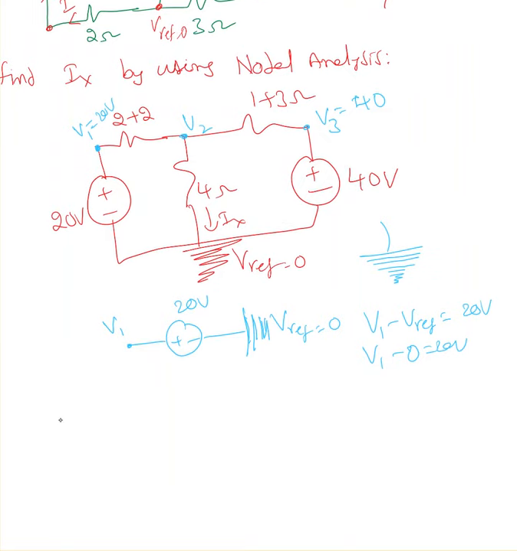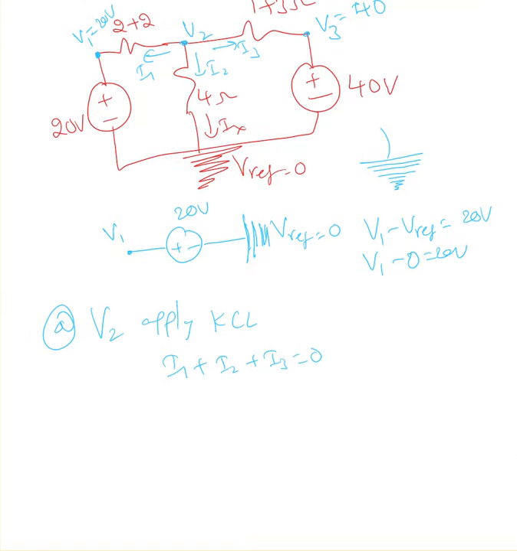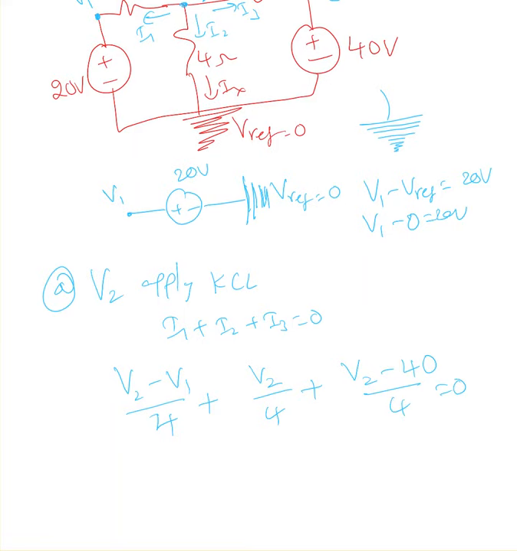So now all I need to do is apply KCL at V2. As usual I'm choosing every current going out of the node, I1, I2, I3. So I1 plus I2 plus I3 equal to 0. What is I1? I1 is V2 minus V1 over 4. I2 is V2 minus 0 over 4. I3 is V2 minus 40 over 4, equal to 0.